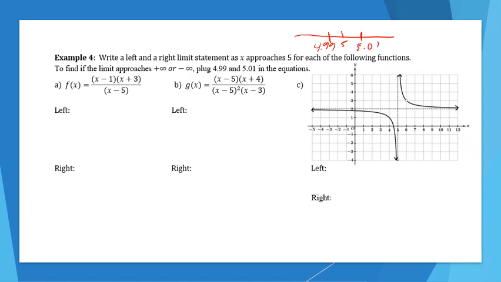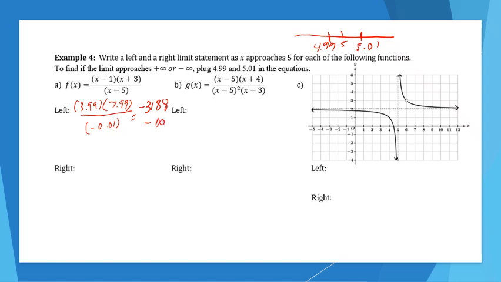So for the left hand side, let's first plug in 4.99. You should get in the top 3.99 times 7.99 all over negative 0.01. And then this should give you negative 3188 around. Equals negative 3188. And so this is going to be negative infinity.